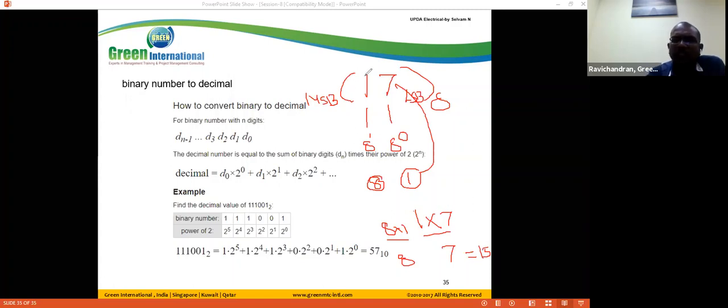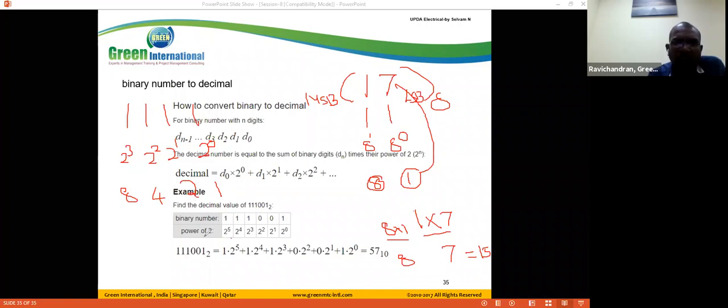And I forgot to mention the binary 1 1 1 1. Here 2 power 0, 2 power 1, 2 power 2, 2 power 3, so we have 1, 2, 4, 8. Now multiply these numbers.